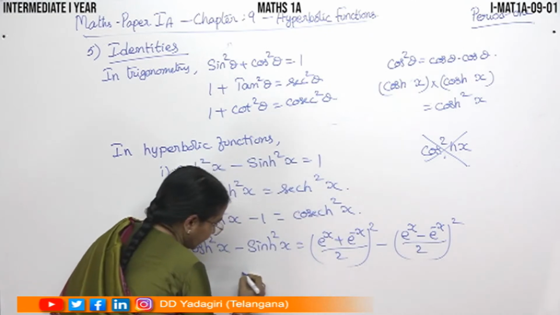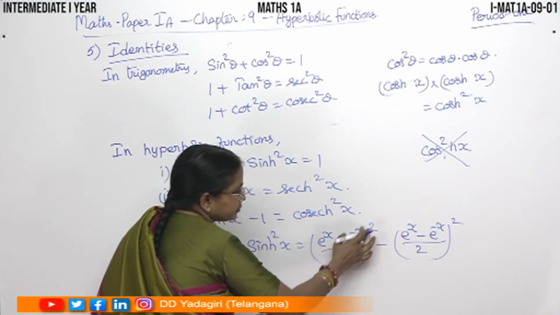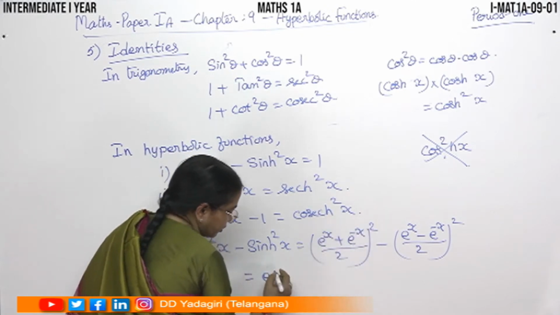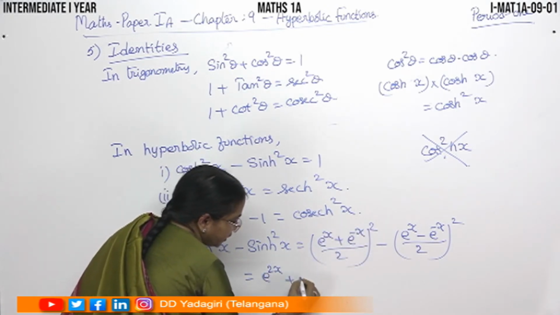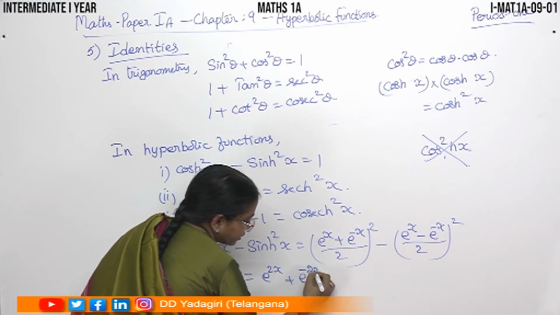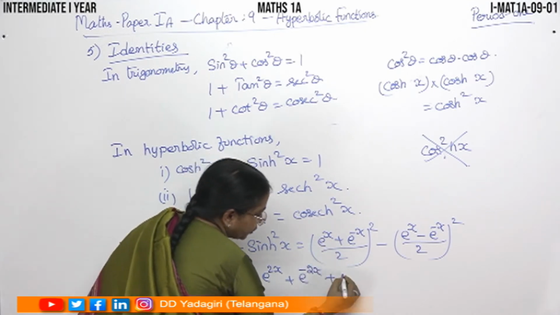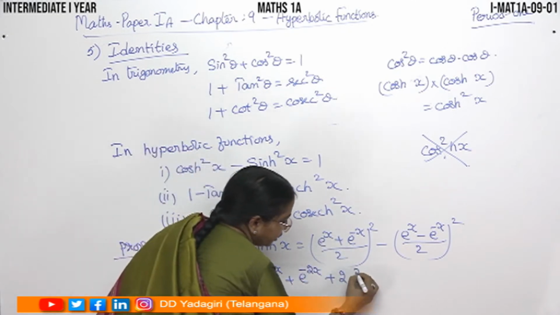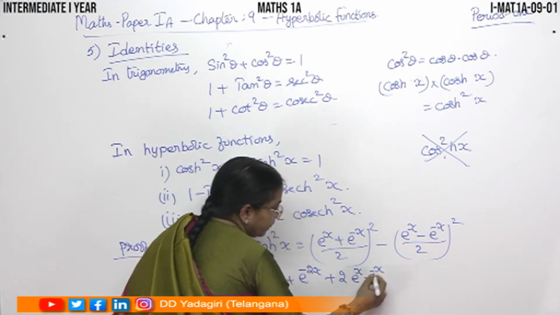Now we'll write this as, what is a plus b whole square? a square, that is e power 2x, plus e power minus 2x plus 2 into e power x into e power minus x, by 4.